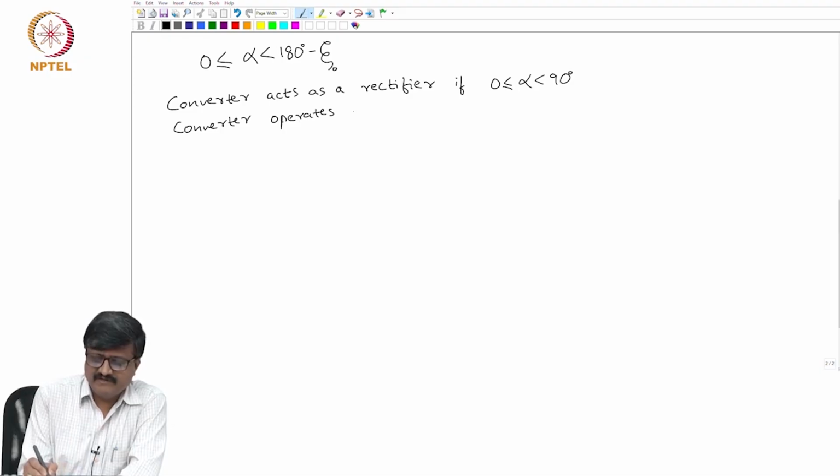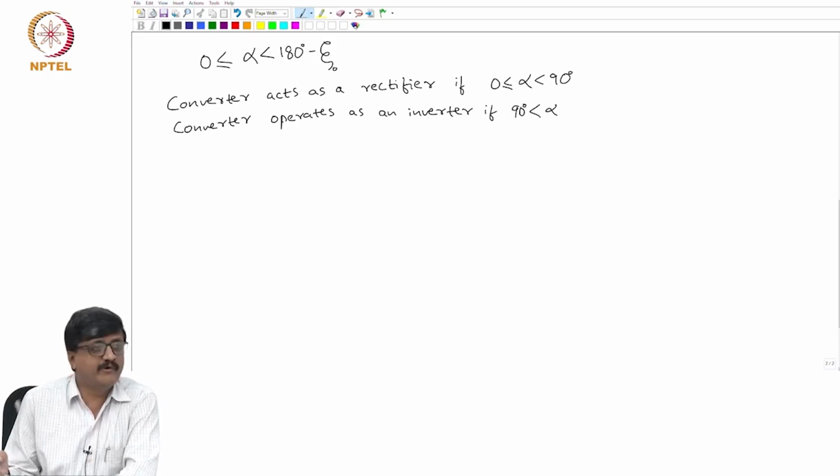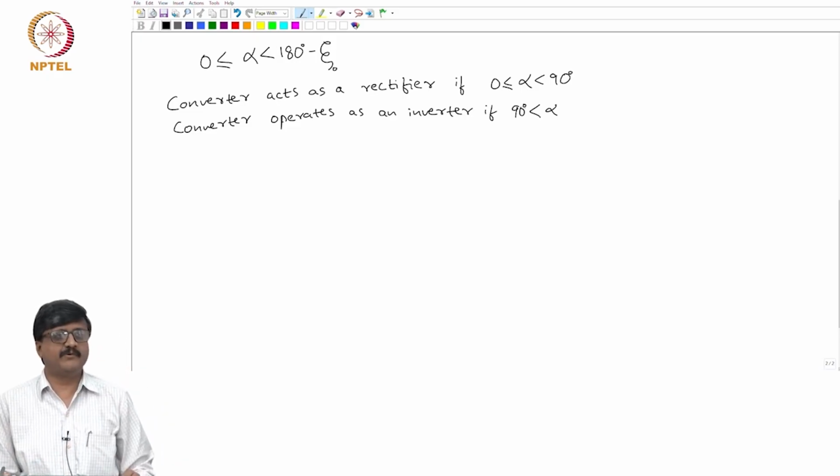The converter operates as an inverter if alpha is greater than 90 degrees. Obviously, alpha equal to 90 degrees corresponds to neither inverter operation nor rectifier operation, because power is 0.